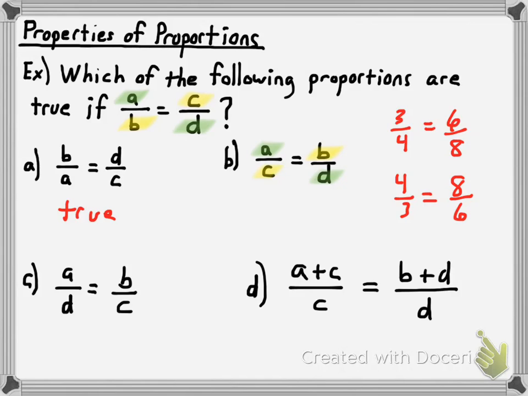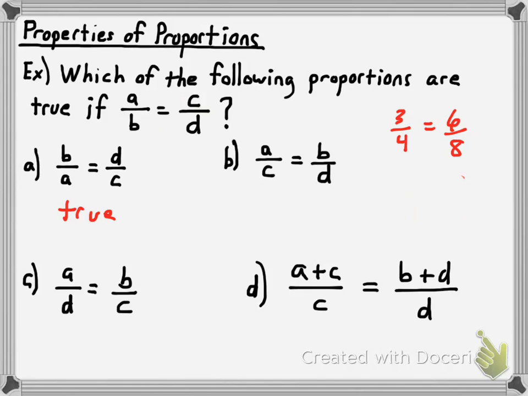And the property in the book that we're referring to is going to tell us that that's exactly what you're doing, is you're interchanging the means of that proportion. And when you interchange the means, it turns out that you do get another true proportion. Now, let me illustrate that again using this whole 3/4 equals 6/8 thing.